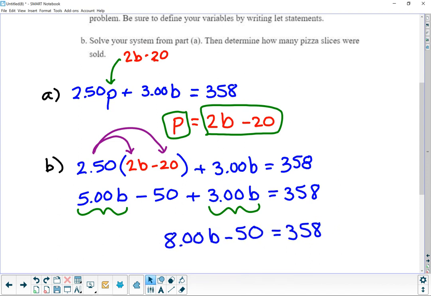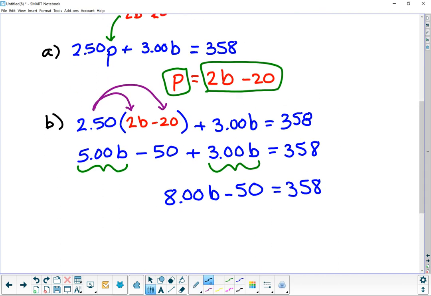Now I'm going to solve this. We add 50, and we get $8B equals 358 plus 50, which is 408.